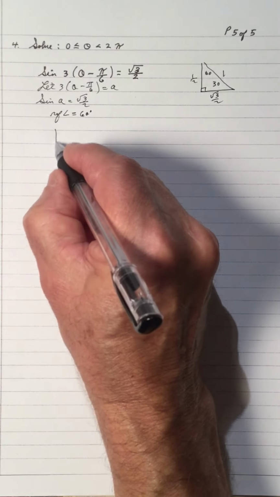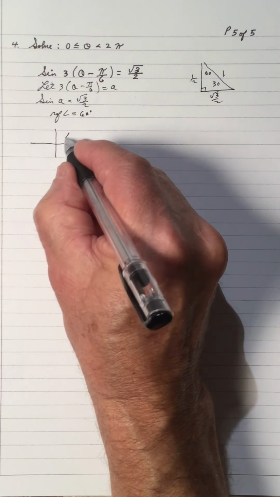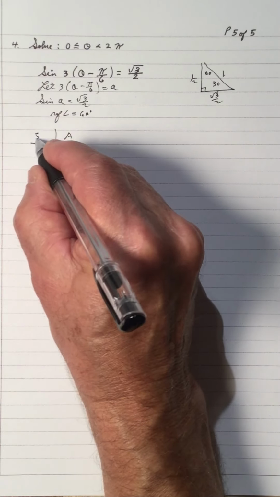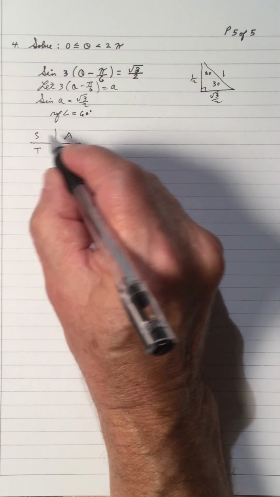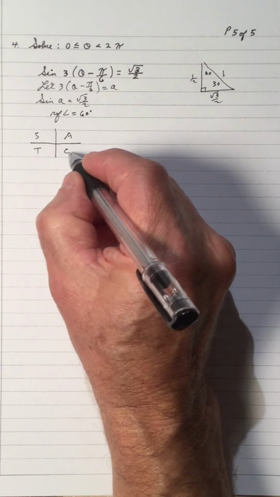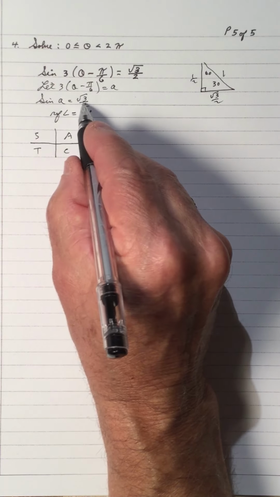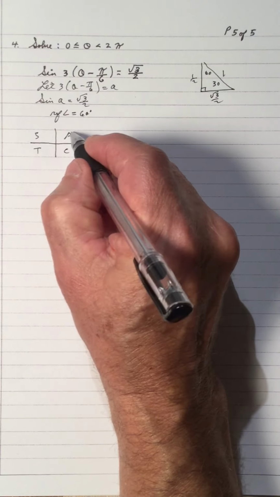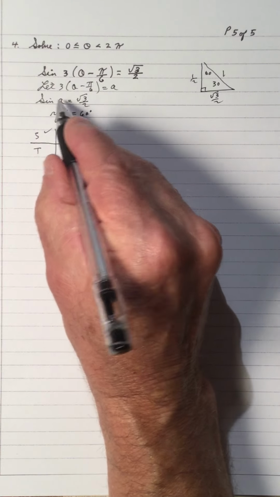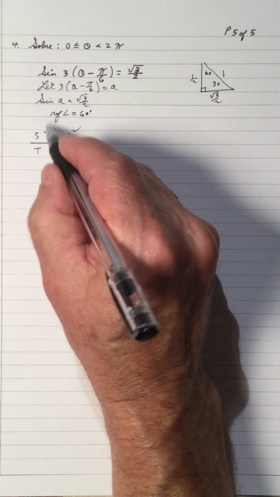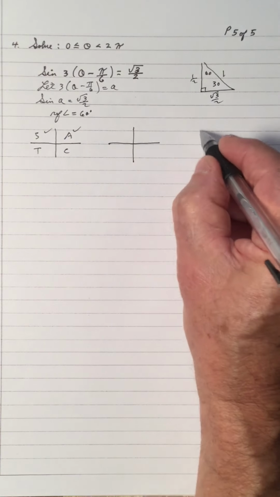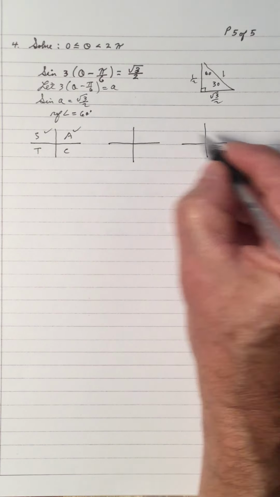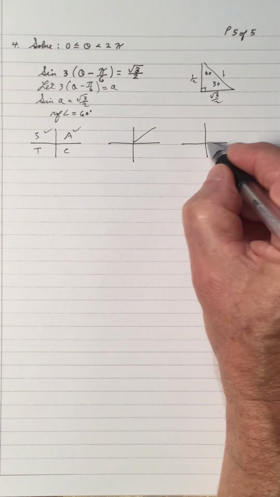So let's continue. We'll add sugar to coffee, and all sine, tan, cos are positive. We want sine to be positive. Sine is positive here and here. Sine is the y. Y is positive up above the x-axis. So we have quadrant 1 and quadrant 2.